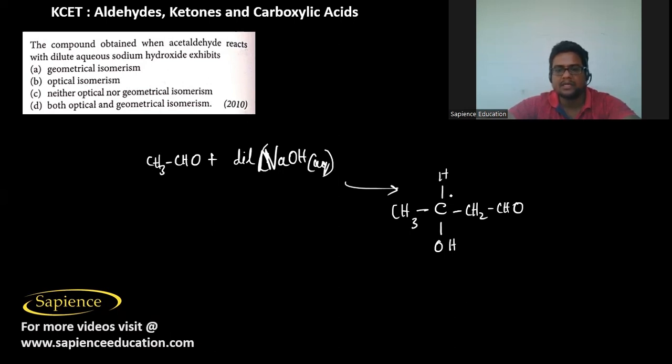So it is a chiral or asymmetric carbon, so it will show optical isomerism, and geometrical isomerism it can't show, since it has no double bond.